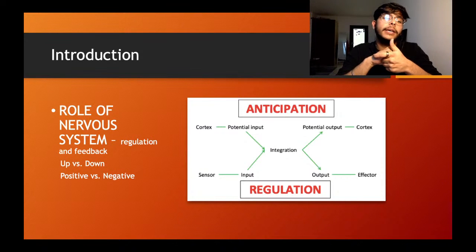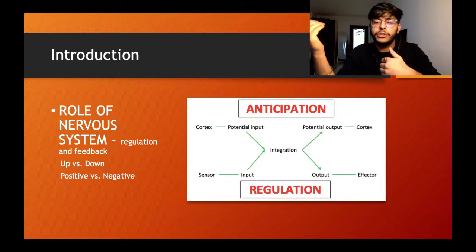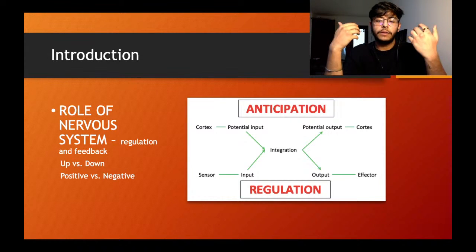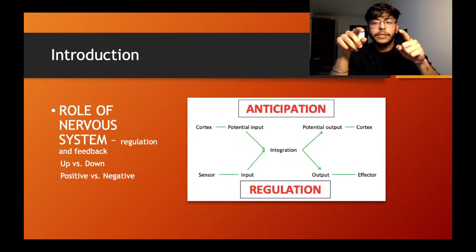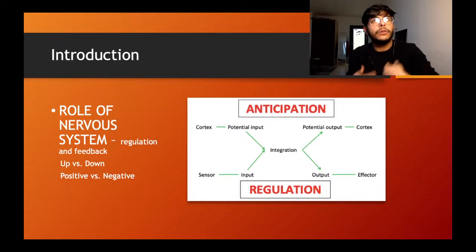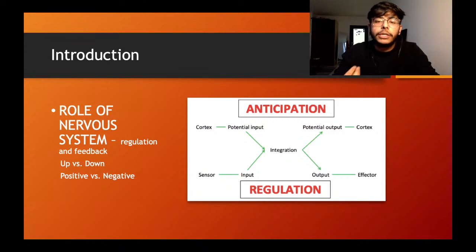Negative feedback is essentially when there is an original stimulus causing an original response, but the product of that response goes and tells the original stimulus to stop doing what it's doing. The most simple example I can think of is when you're eating food.